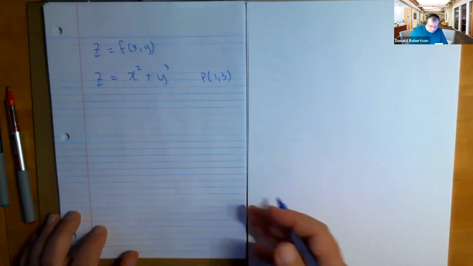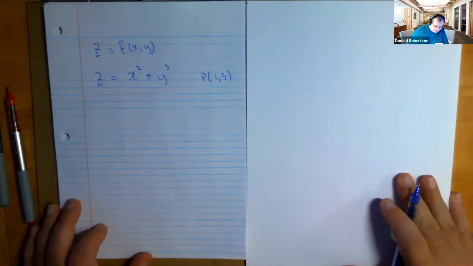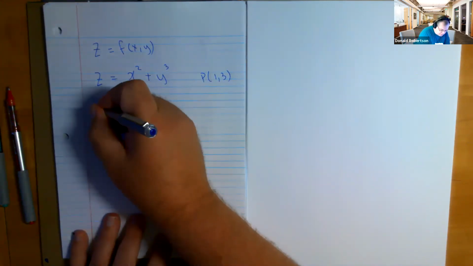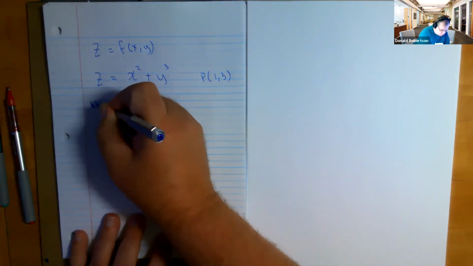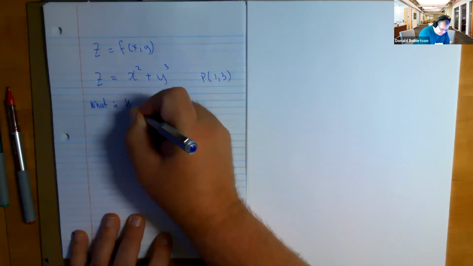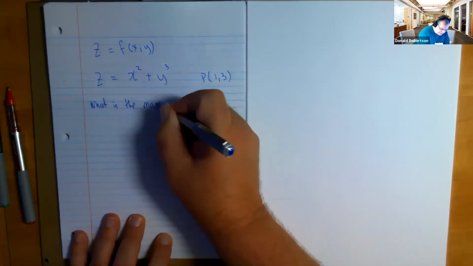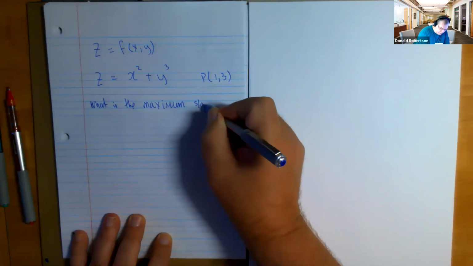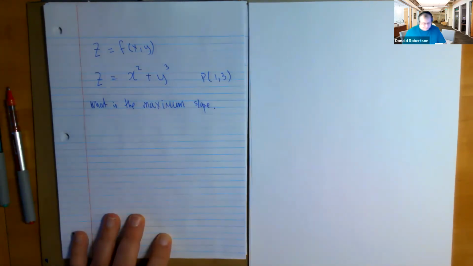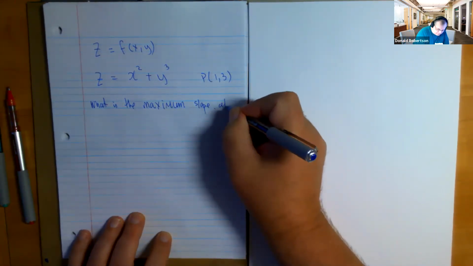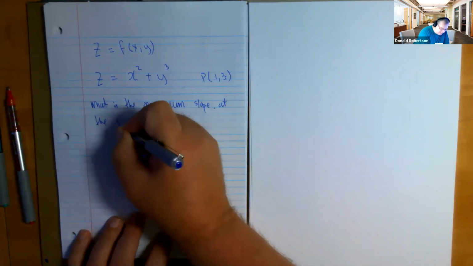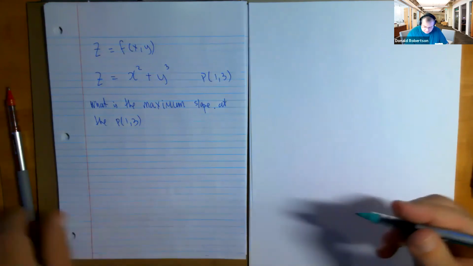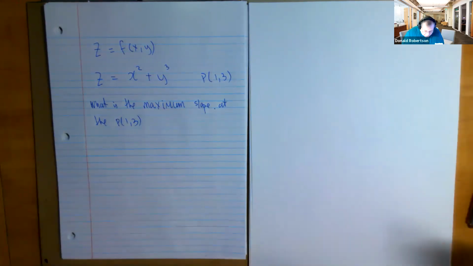The question you're being asked to find here is: what is the maximum slope at the point (1, 3)?